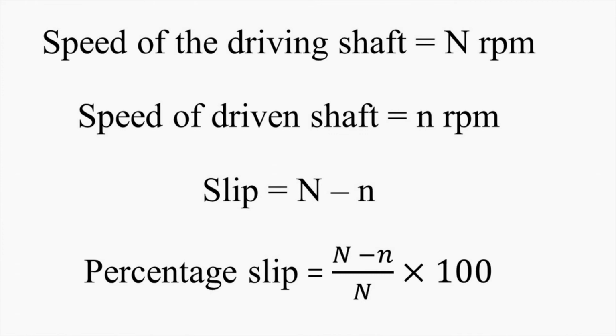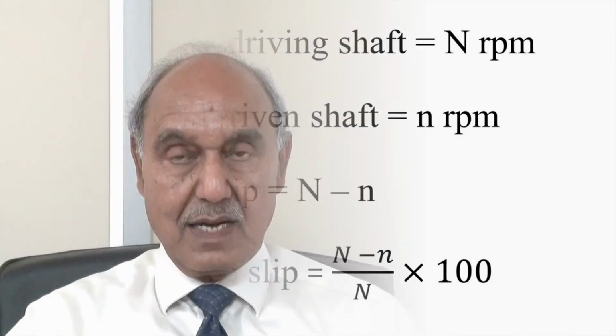If the speed of the driven shaft, that is small n, is 0, this means that percentage slip is 100. On the other side, if the speed of the driving shaft and driven shaft become equal, the percentage slip will be equal to 0.